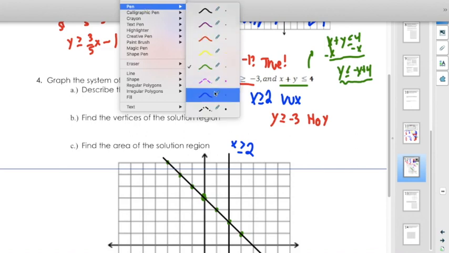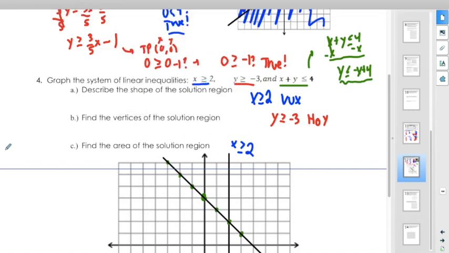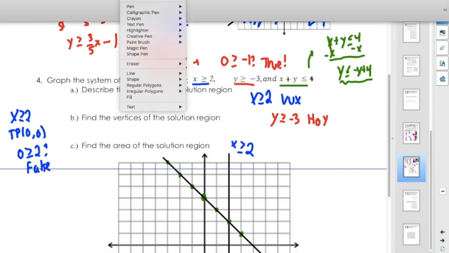Let's start with my first equation. X is greater than or equal to 2. Again, I'm using a test point of 0, 0. So when x is 0, is 0 greater than or equal to 2? No, it's not. That's false. So it's going to go away from the test point.